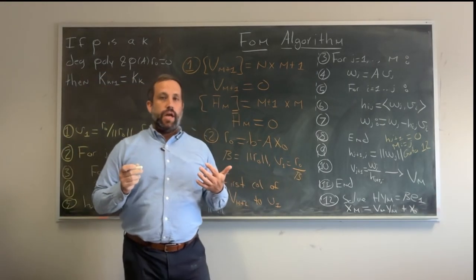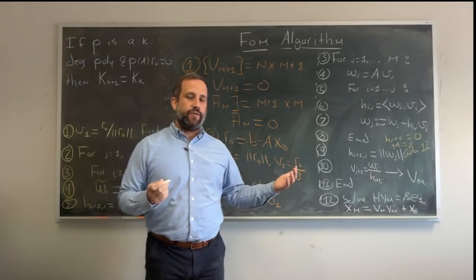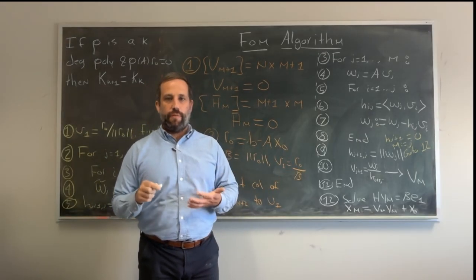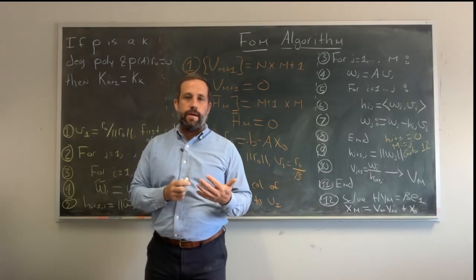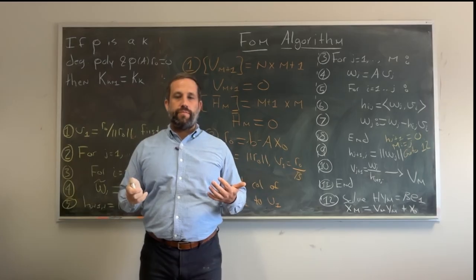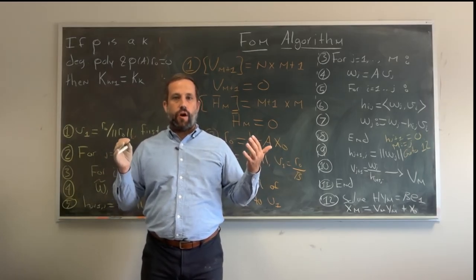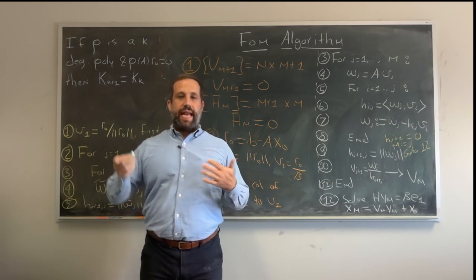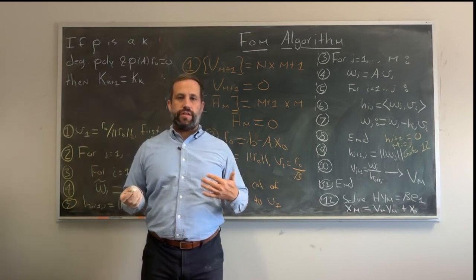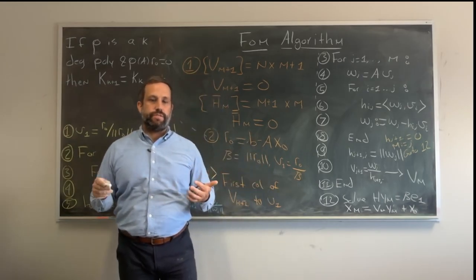Now, while there is no reason to believe a priori that it won't break down, there's no reason to believe that it will break down either. In fact, maybe to go against what I just said, from a combinatorial point of view, if you have an n-dimensional space, there are n choose m m-dimensional subspaces. And n is typically going to be much larger than m. So there's going to be a lot of m-dimensional subspaces.